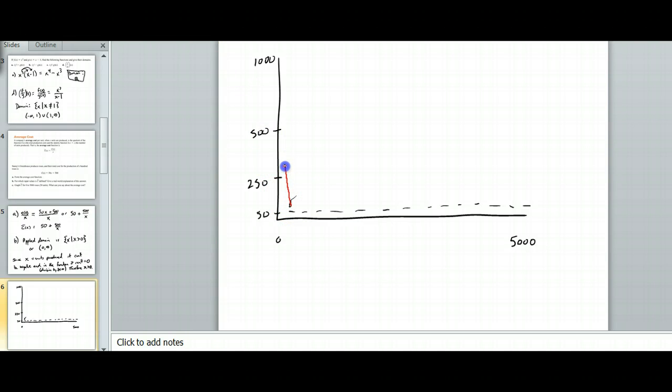Hugs the y-axis. Doesn't cross it. Okay, just hugs it. Alright, then it turns really sharp as it gets in here. And then it hugs this horizontal. It gets closer and closer to this dashed line here, but it never touches it.